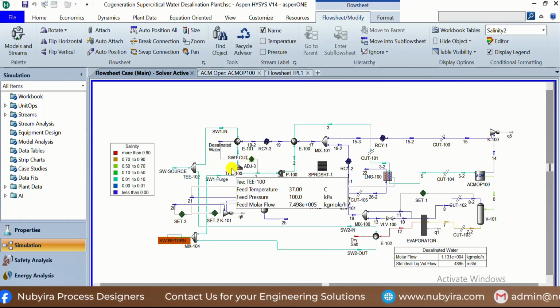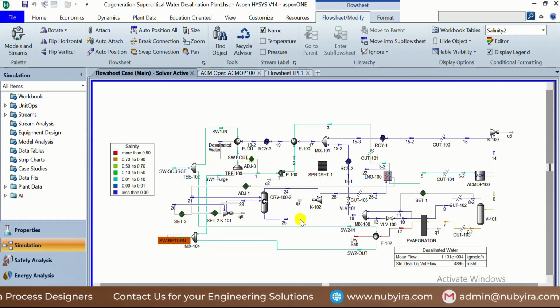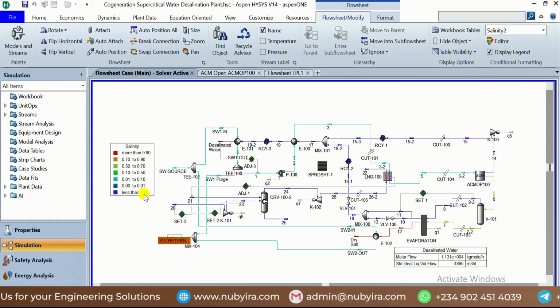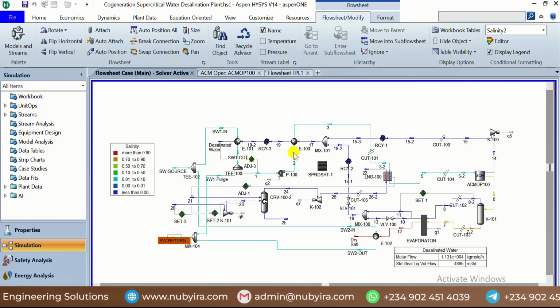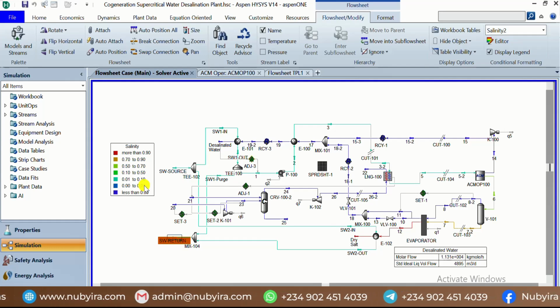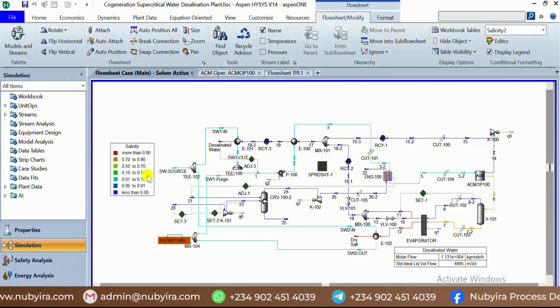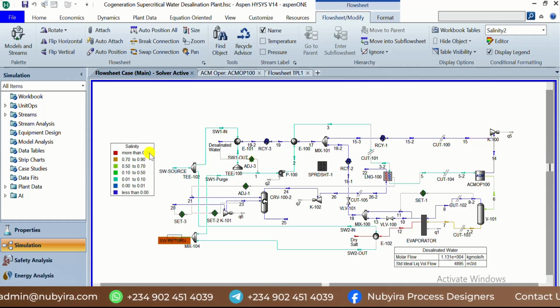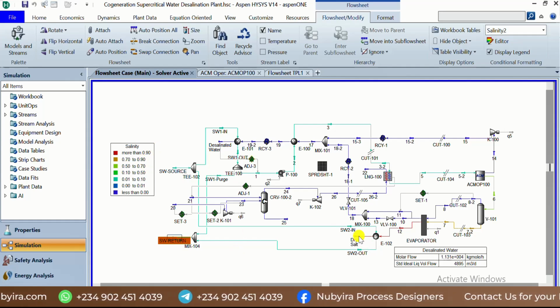You understand? And I even did the color coding for the line, so you can see this is for the ultra pure water, like even less than 100 ppm. Then you have the one that is like 1% salt. This is 10% salt, 50% salt, 70%, 90% salt, and more than 90% salt, as you can see for the dry salt here.